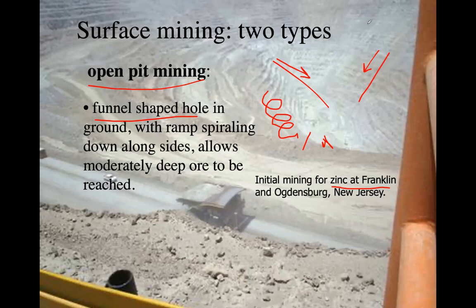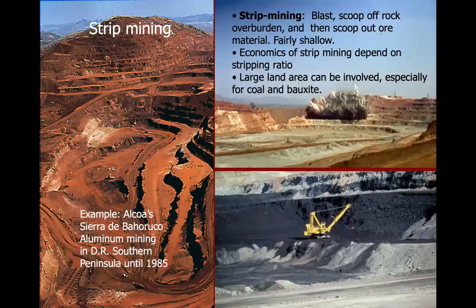So you see here spiraling like layers. See, so this is circular. It goes all the way like this and comes up. Then the next cycle like that. So it's spiraling like this. Okay. So it's an open pit mining way.